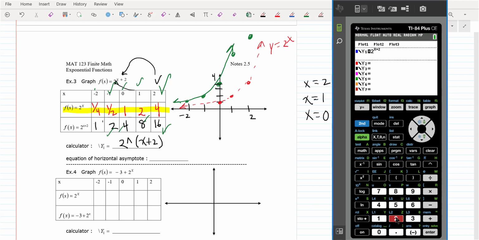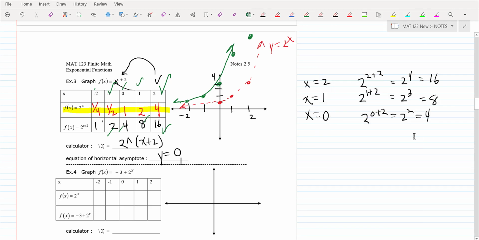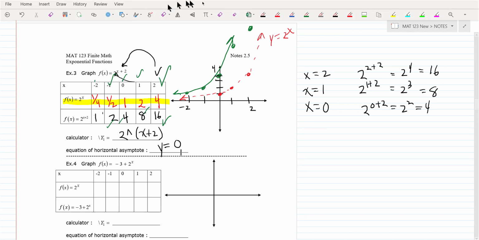If you have an 84, you just put it in like that, and it'll give you the same graph that we just did. The horizontal asymptote's always going to be the same unless we do an up-down transformation. One thing you probably want to write a note of on this problem is that this is taking you to the left 2. We'll review all these transformations in just a minute.